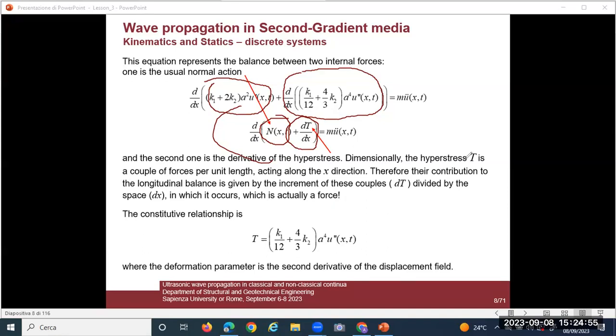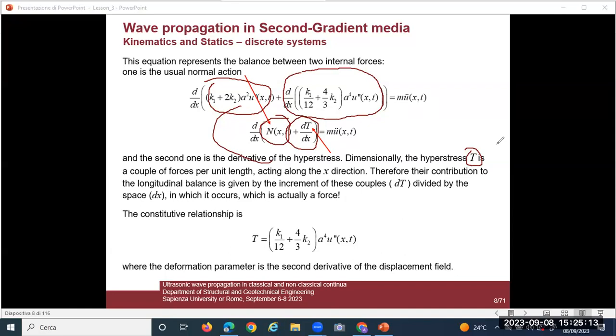And if you check out this relationship from a dimensional point of view, you can see that the hyperstress is in practice a couple of forces per unit length, acting in this case.